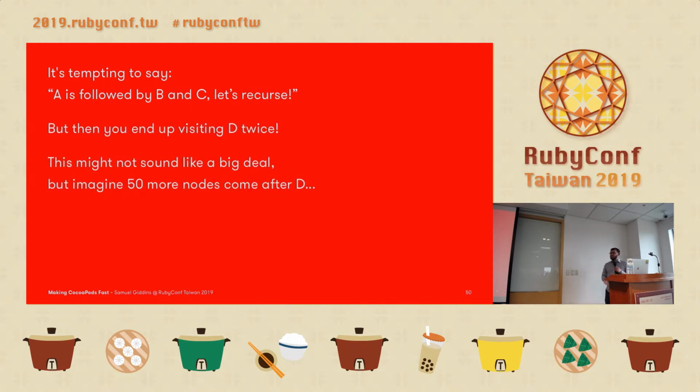But then you end up in that small example visiting the D node twice. And you say, oh, not a big deal. Well, that's 2 times as much work. But imagine 50 more things come after D. And then you repeat this problem for each one of them.